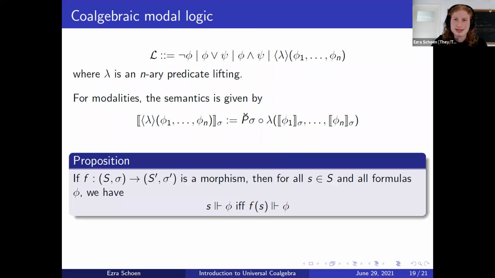Okay, that's our semantics, and we get a very nice proposition which tells us that along coalgebra morphisms, logical truth is both preserved and reflected.